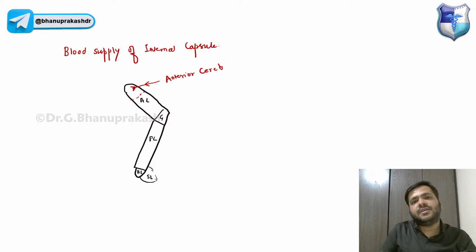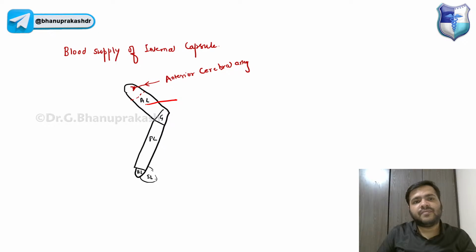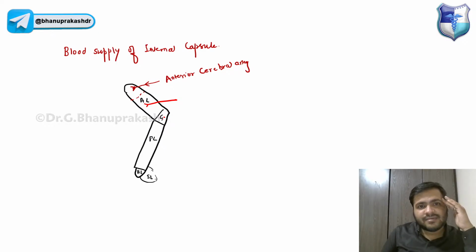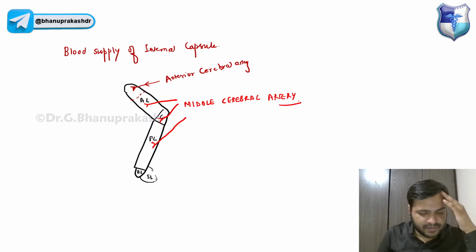Now, the posterior part of the anterior limb, plus the genu, and plus the posterior limb, these all three are supplied by the middle cerebral artery.